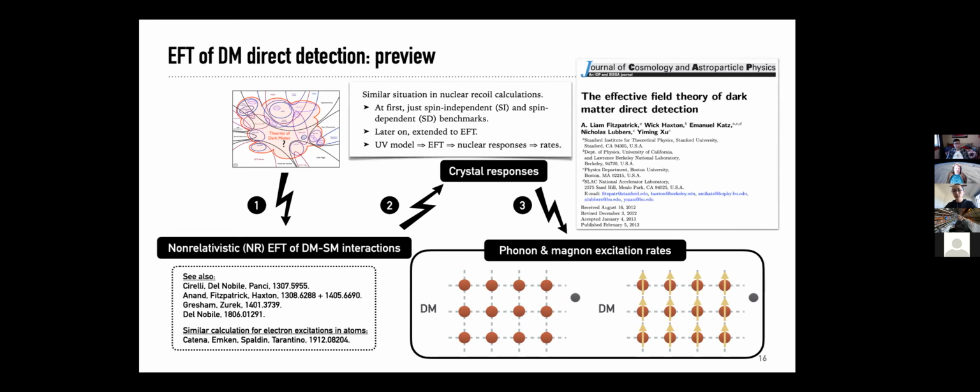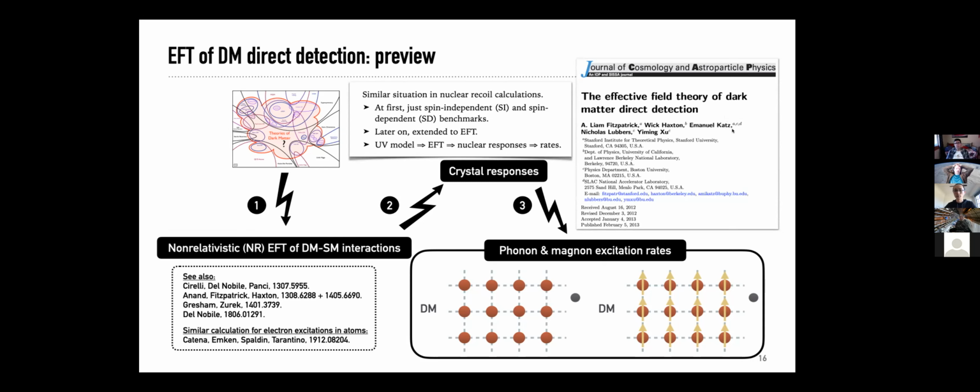And before moving on, let me mention that this might have reminded you of something, and indeed, for nuclear recoils, there is a very similar story. Of course, at the beginning, much of the focus was on the standard SI and SD interactions, but later on in 2012, starting with this pioneering work by Dan Fitzpatrick and others, we learned how to generalize the calculation to the full effective field theory.